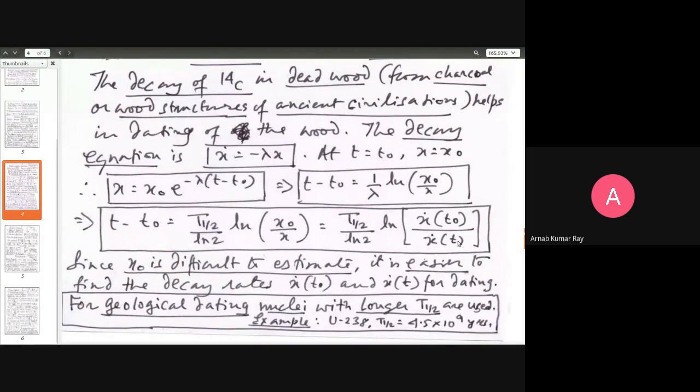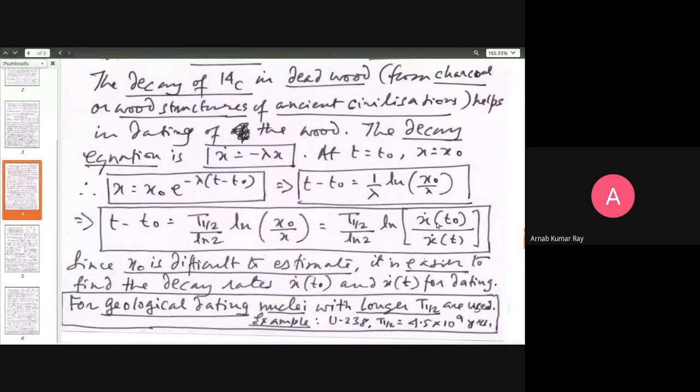Although we do not know what x dot at t naught was, we can find the equivalent. This is the initial amount of matter, so fresh wood, let us say. We can immediately find the radiocarbon activity of fresh wood by applying the Geiger counter to live trees or plants. So this number can be found indirectly by exploiting the fact that rate is proportional to the state.